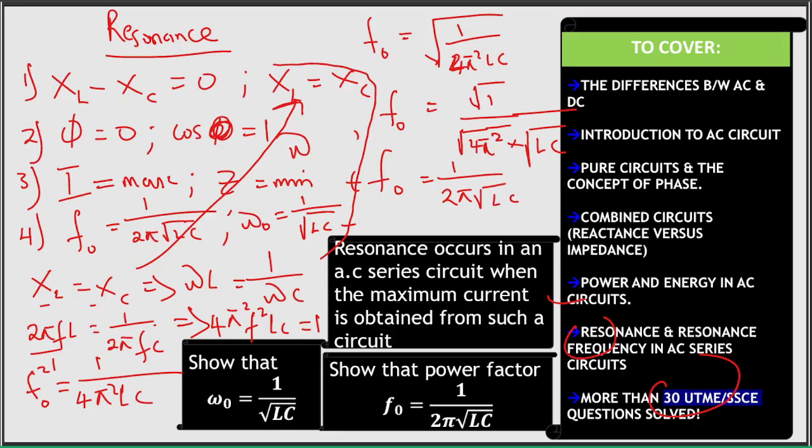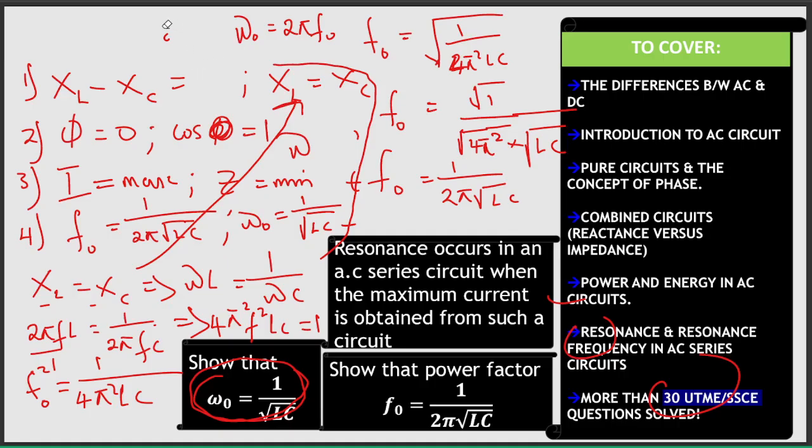Is that okay? So what about this one? This question says we should prove this. It's still the same thing. Now, if I remember that omega is equal to 2 pi, in this case, f naught, right? That means I can plug in what I have as my f.